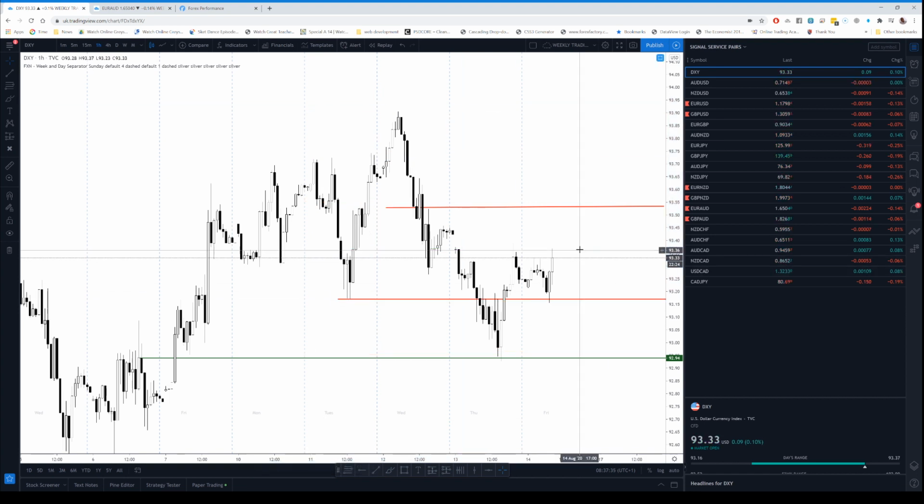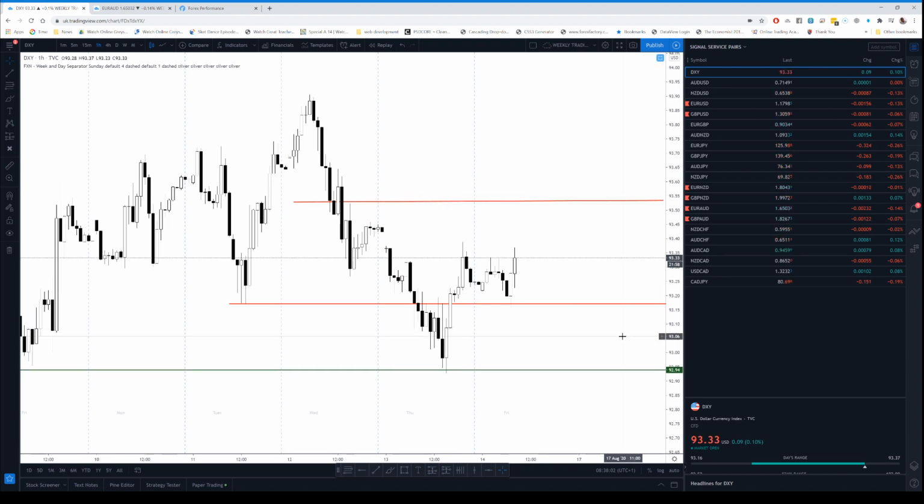Now, because price has rejected and is going up, if price decides to come back down, because anything can happen in the market, do not be scared. As long as it doesn't close below here, we are still fine.